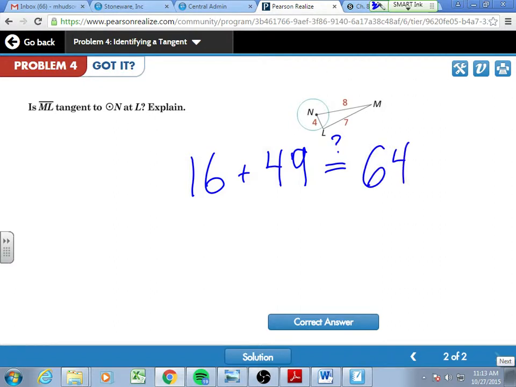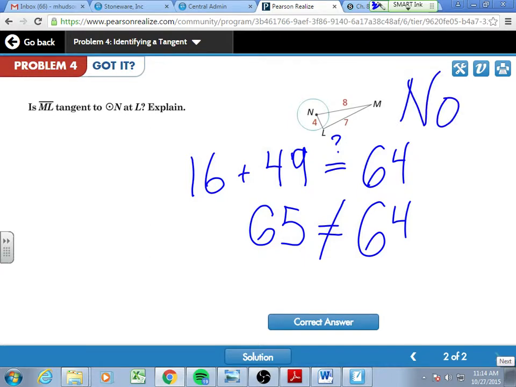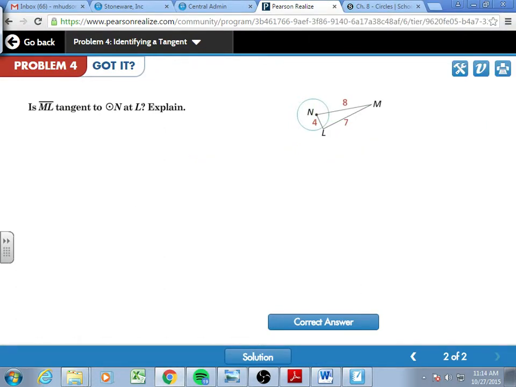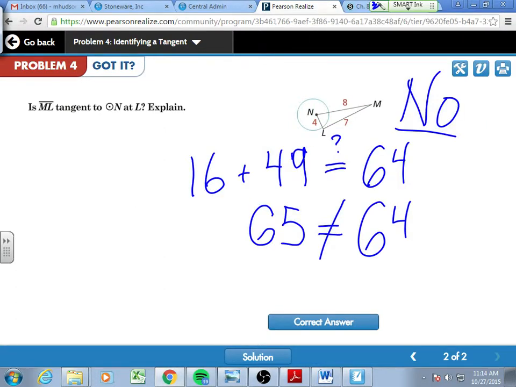When I sum my left side, I get 65, which is not equal to 64. So no, it is not tangent. We actually could just look at the diagram. Yeah, but don't trust what you can only see. Trust what you know, don't just trust what you see.